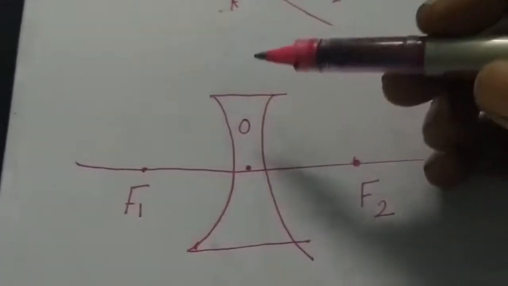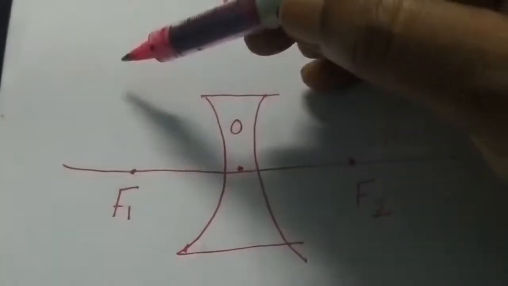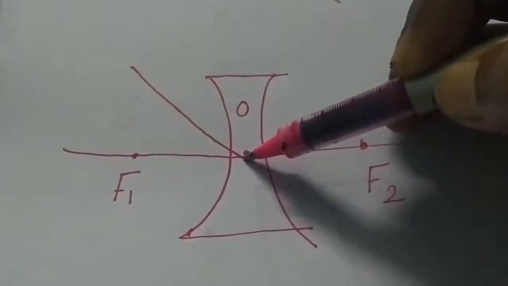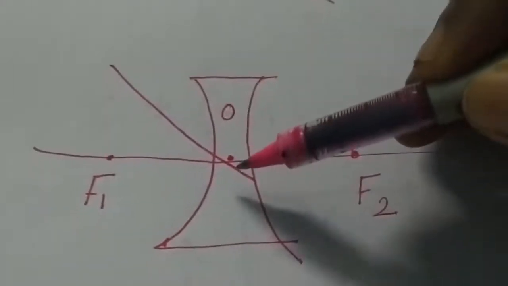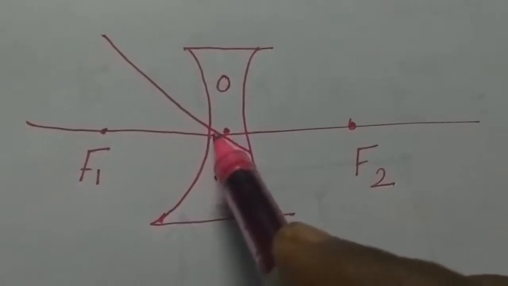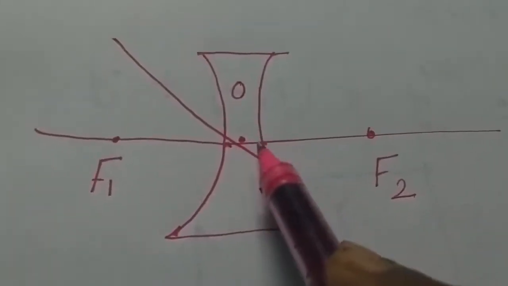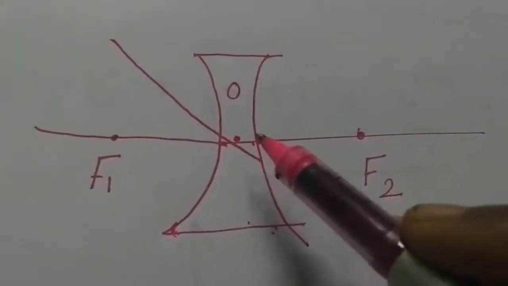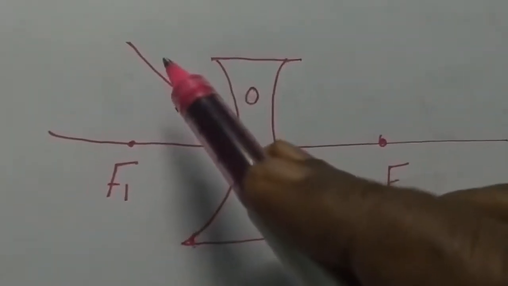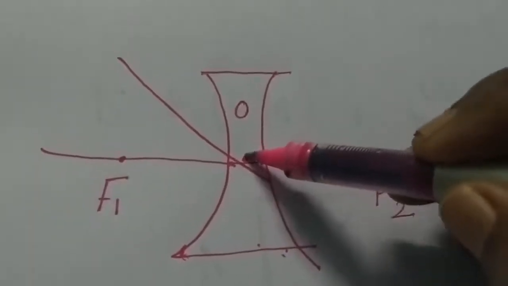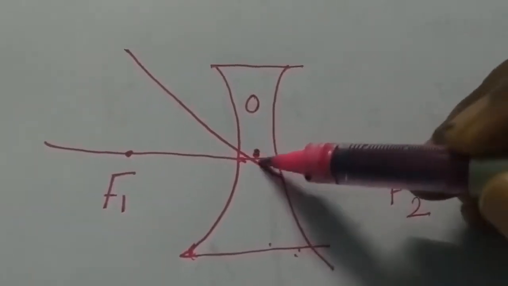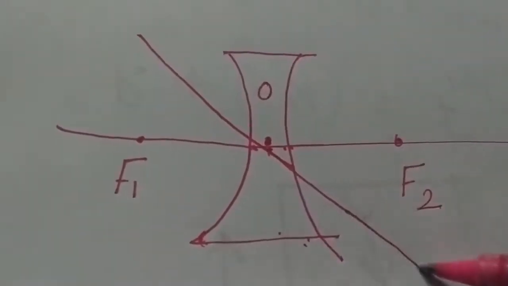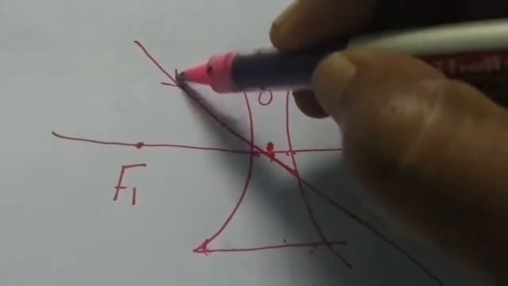When a ray of light strikes the optic center of the concave lens, this type of lens is a concave lens because it is thin at the center and thick at the edge. So when a ray of light strikes the concave lens at its optic center, it continues to follow its path without any deviation. So this is rule 1.